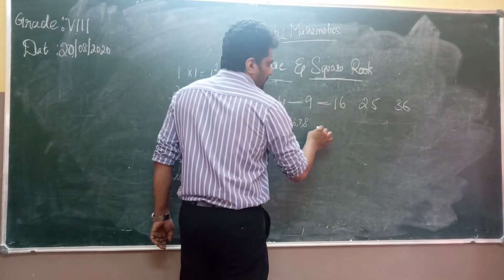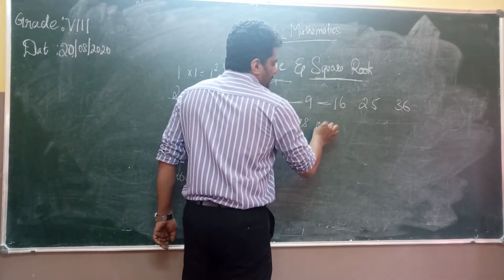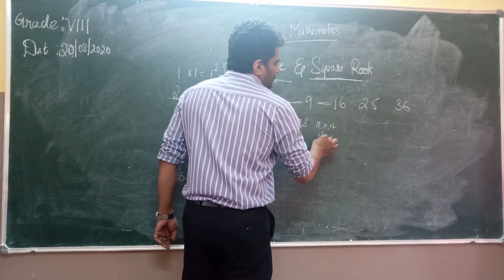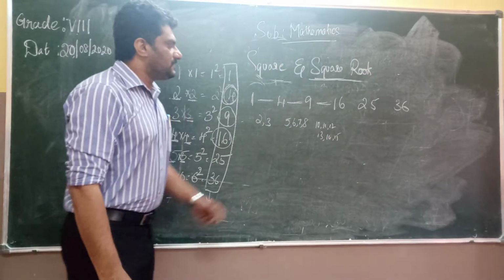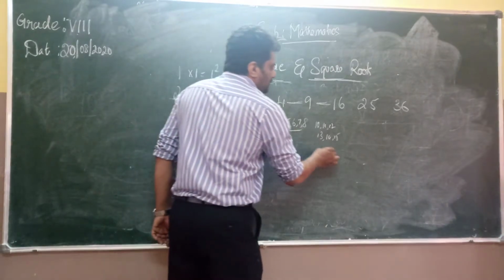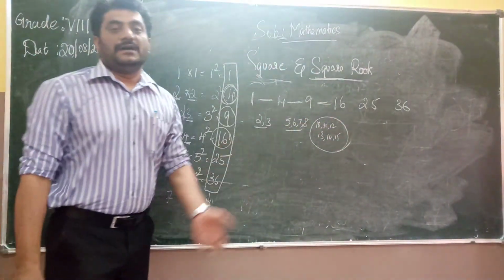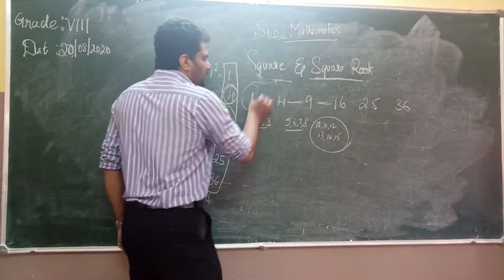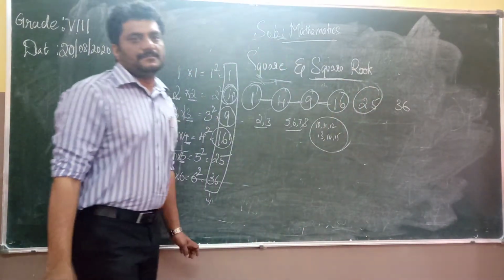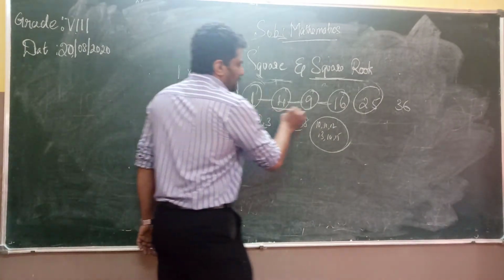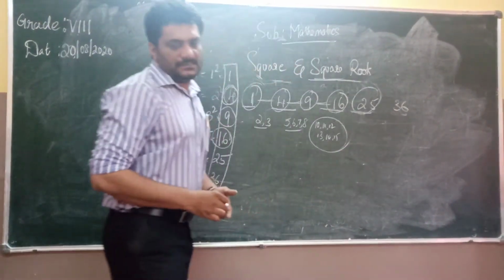Here 10, 11, 12, 13, 14, 15. All these are numbers which are not squares. These are the square numbers.